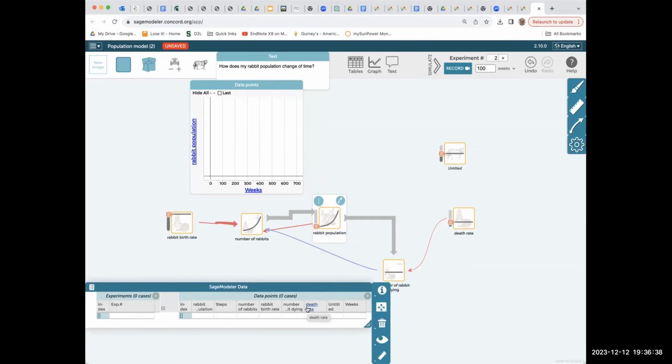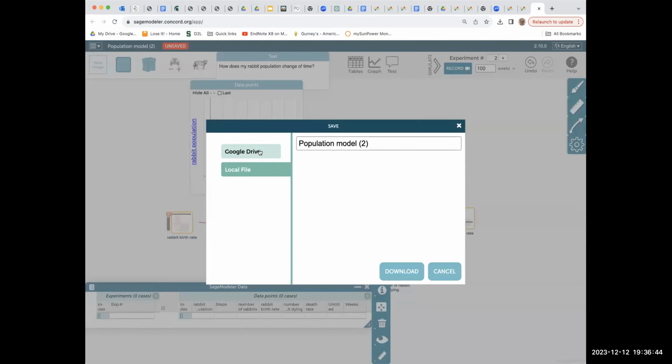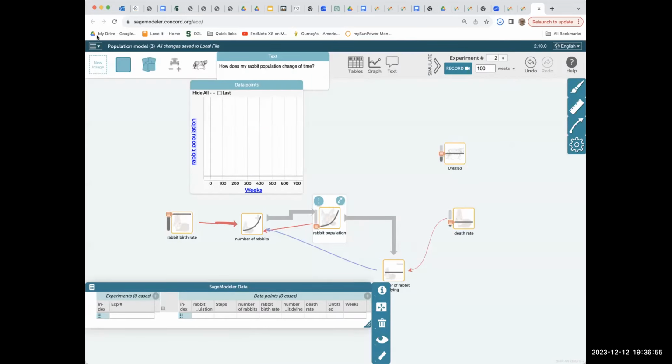sometimes it's even better to save it, which I'm going to do. I'm going to save it right now as my predator model 3 or population model 3. So I'm going to download it. And I'm going to say new. And I'm going to reopen it.